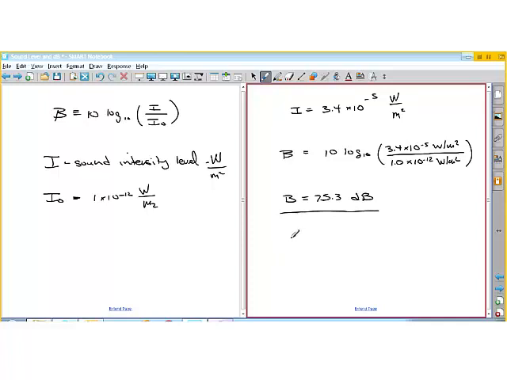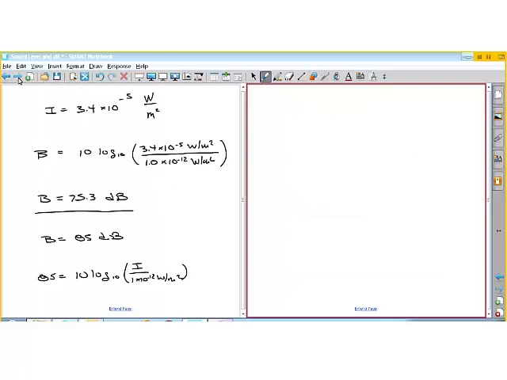And likewise, you can go the other direction. If I said B equals 85 decibels, then 85 is equal to 10 log to the base 10 of I divided by 1 times 10 to the minus 12 watts per meter squared.